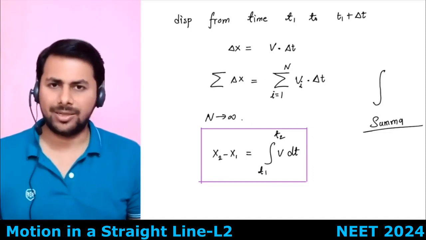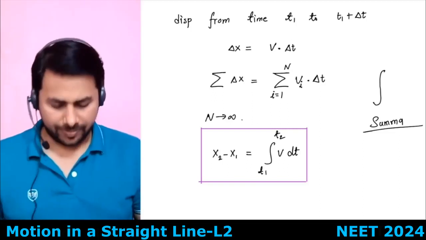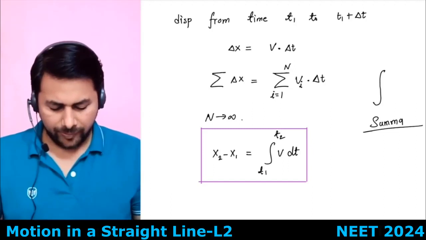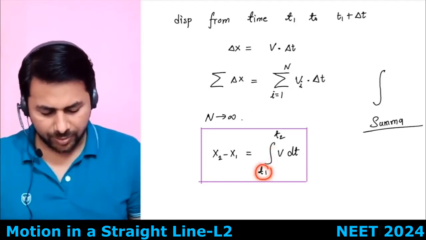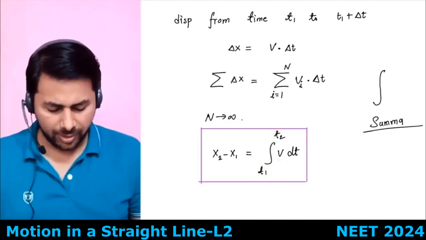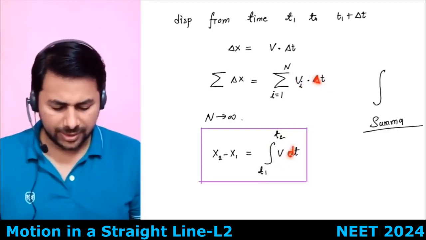You are not missing anything in between. So integration is a continuous sum. It is written like this: you are taking the integration from t1 to t2, that is, a continuous sum from t1 to t2 of v dt. So this delta t is written as dt.